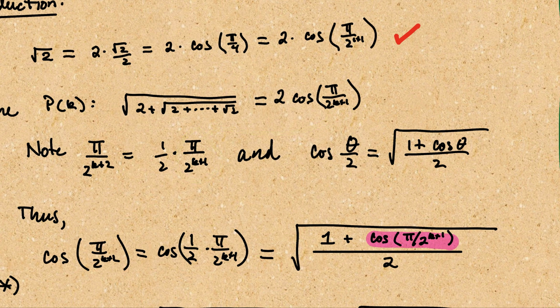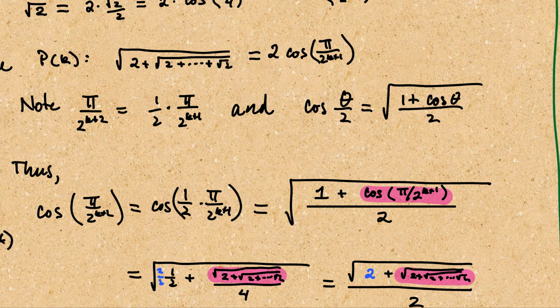So let's do that. If we start with cosine of pi over 2 to the k plus 2, rewrite it as a half angle, and then using the half angle identity, get 1 plus cosine of theta, here's our theta, all over 2.